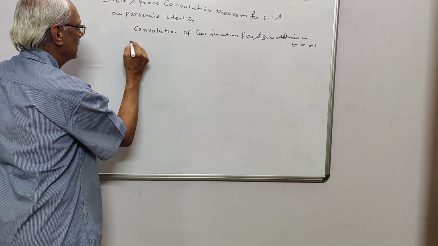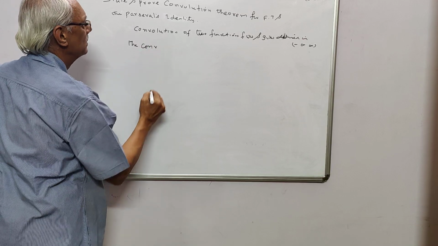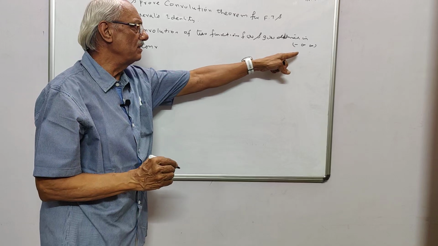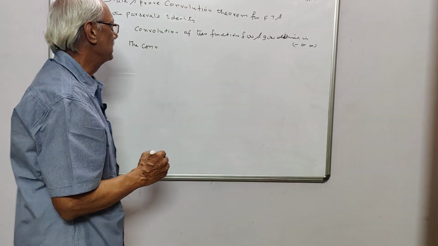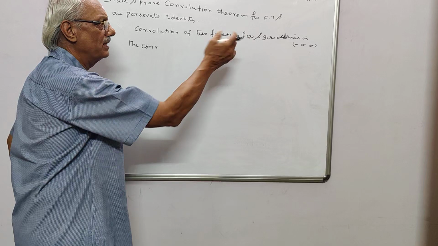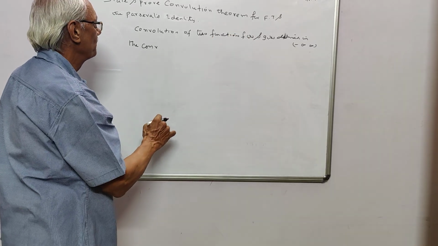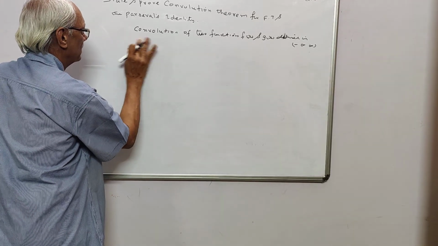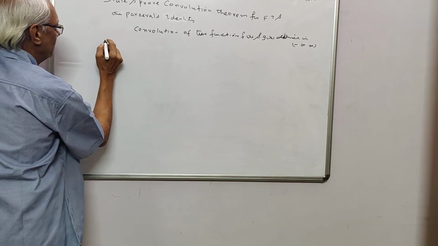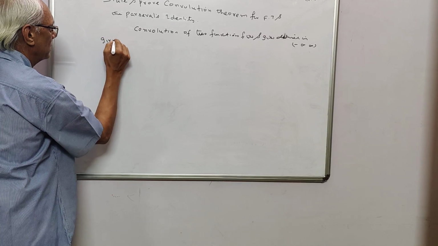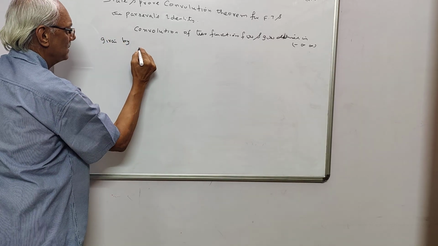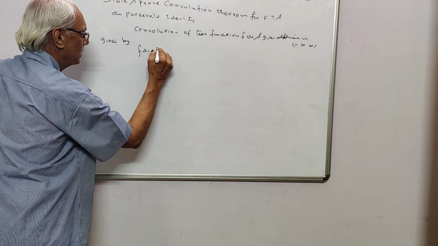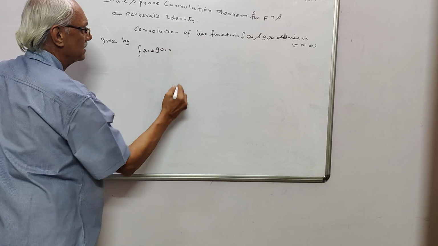Then the convolution of two functions f of x and g of x, both defined in minus infinity to plus infinity, is written as f of x star g of x.